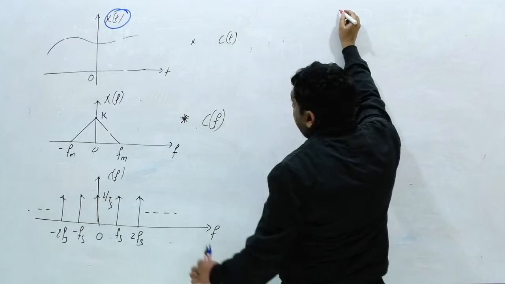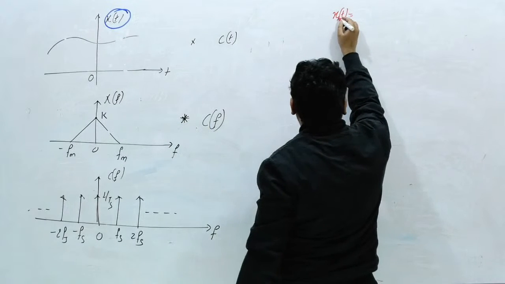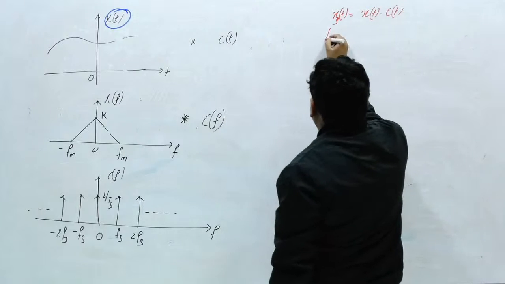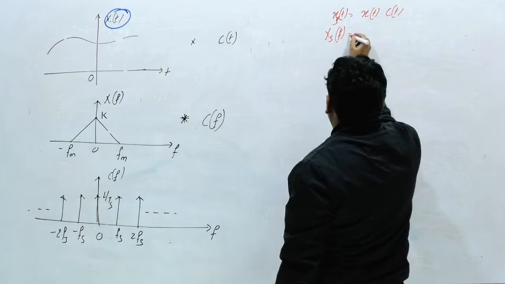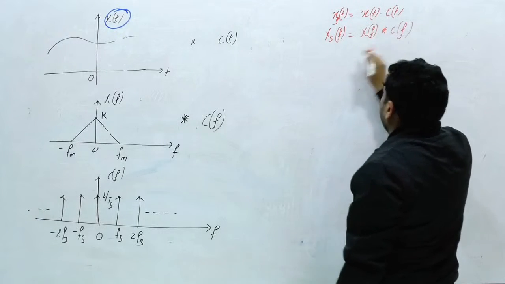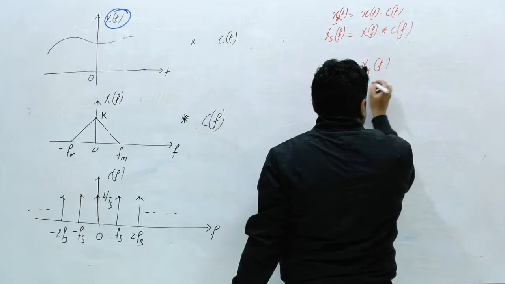Can I directly write xs(t) equals x(t) multiplied by c(t), and Xs(f) is nothing but X(f) convolved with C(f)? I can directly find this graphically.